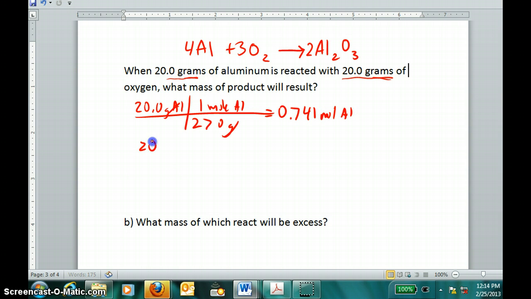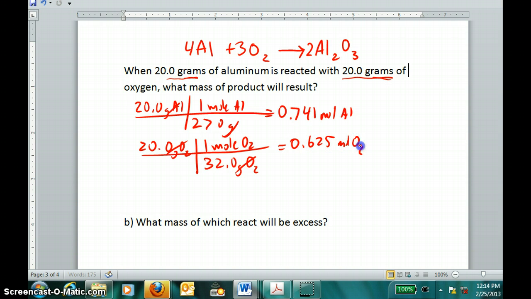In the case of the oxygen, at 20 grams, with a molar mass of 32 grams per mole for oxygen, twice the 16 atomic mass units of oxygen, masses cancel, and we know we're starting with 0.625 moles of oxygen.